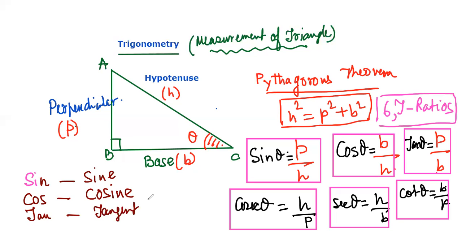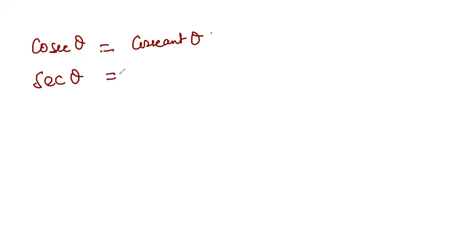And children, when we write cosec, basically it is cosecant. These are all terms related with the circle. And when I say sec, basically it means secant.